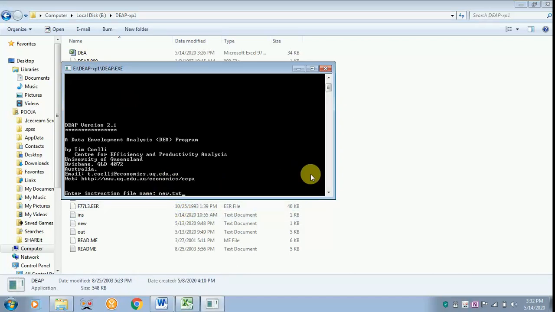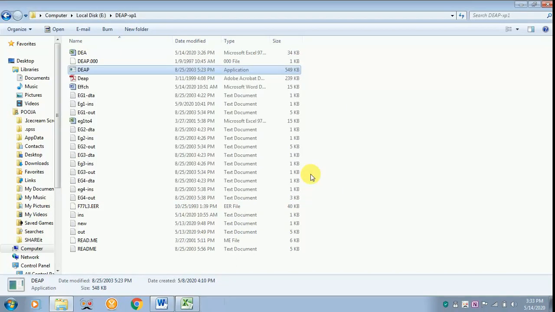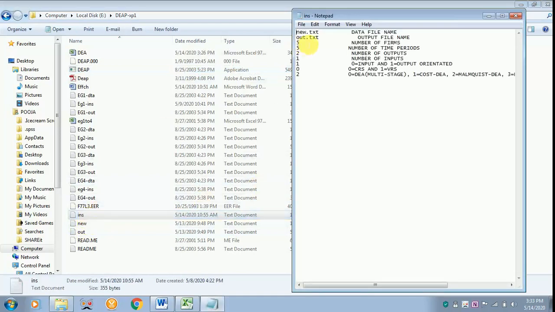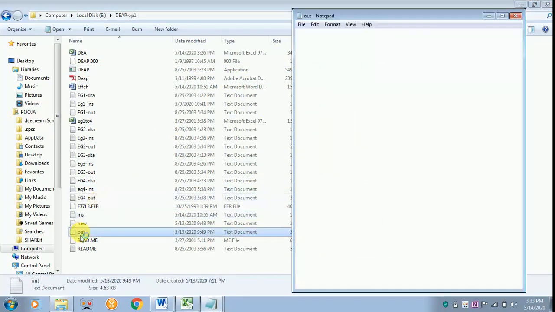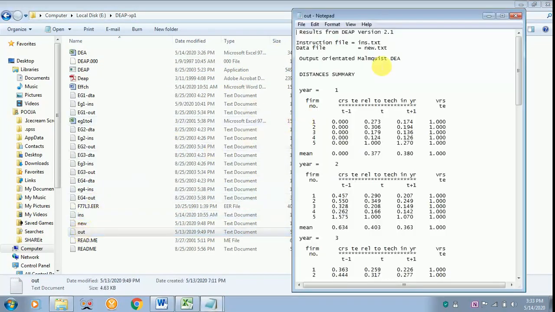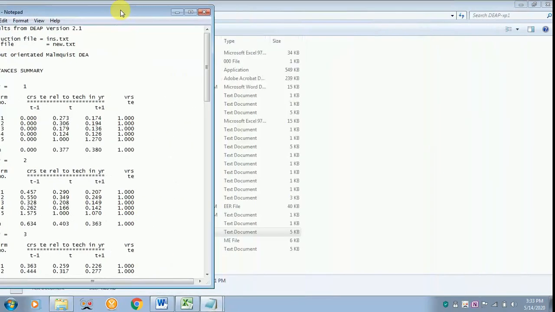Always that .txt should be there, then only you will get the answer, and click enter. You will get the output, because your instruction file states that the output file name should be out. So you can see that out has come, and you have got the results.